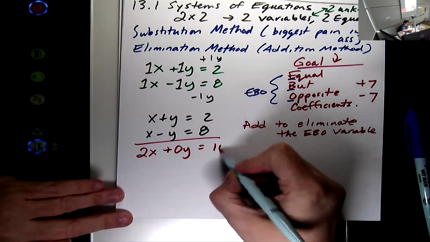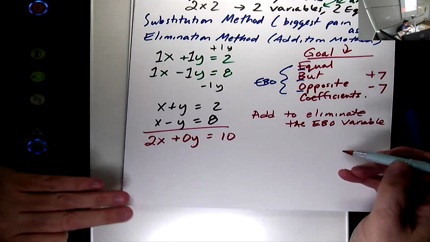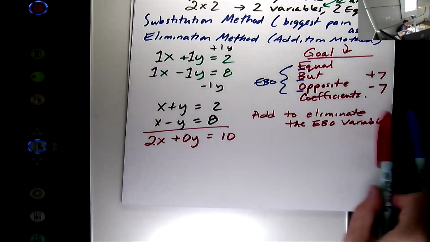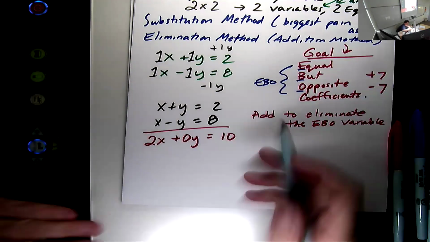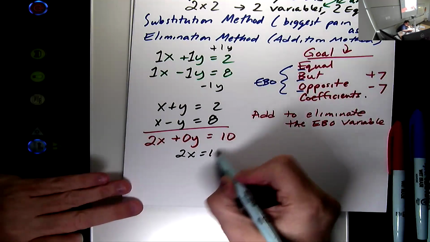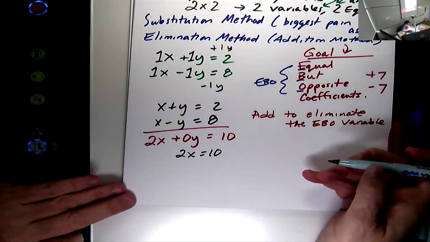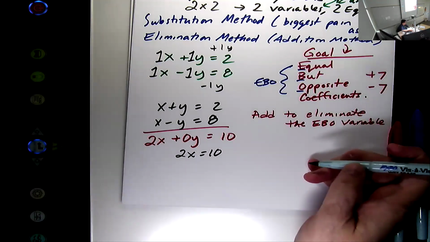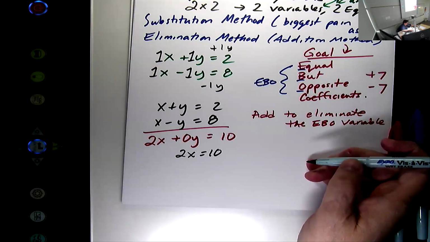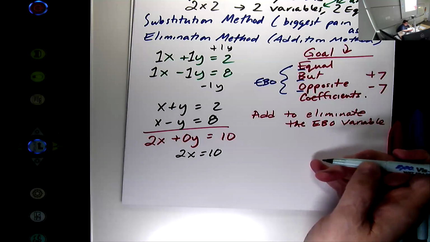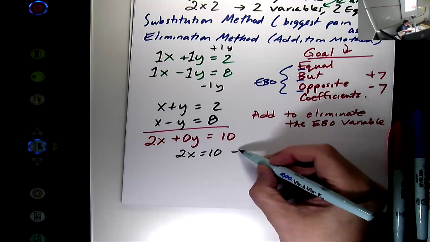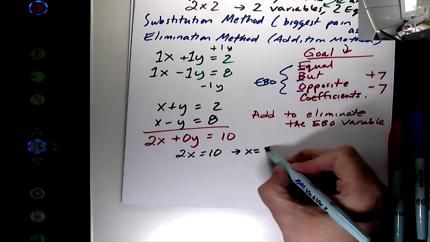And 2 + 8 is 10. So we get 2x = 10. We divide by 2 and we get x equals 5.